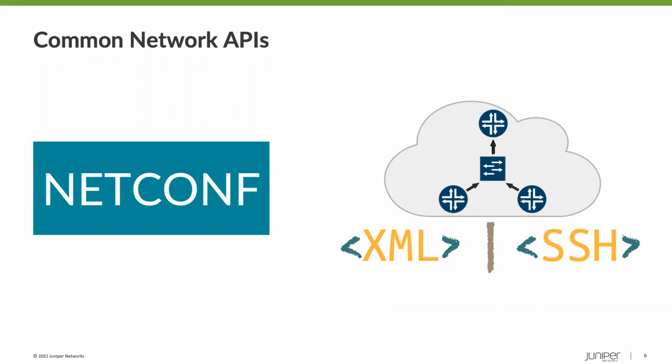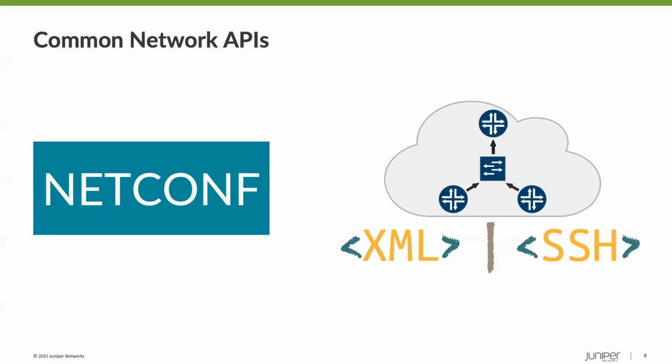So the idea is that anything that you can do from the command line, whether it's looking for LDP neighbors, or building a layer 3 VPN, it doesn't matter. If the NetConf API is on the remote device, then NetConf is going to have the RPC to be able to perform that task and function.